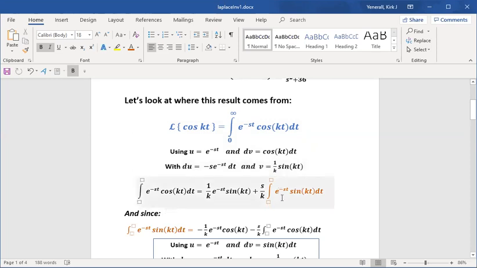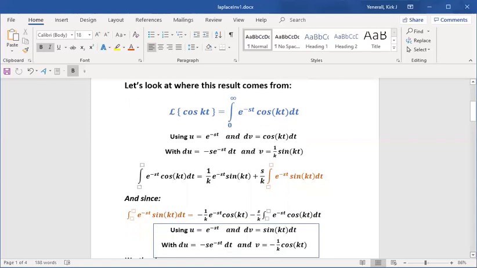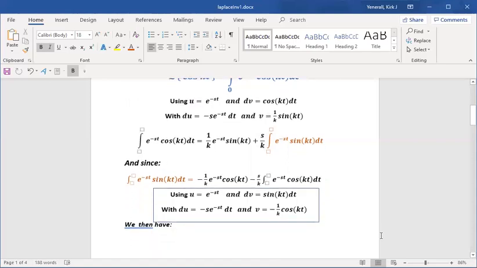So now, after having broken down this integral of e to the minus st times the cosine, we have obtained an integral that involves e to the minus st times the sine. Well, using integration by parts, we could approach that integral in a similar fashion.